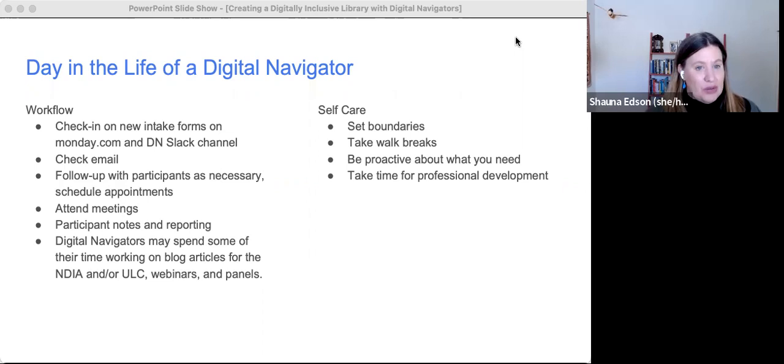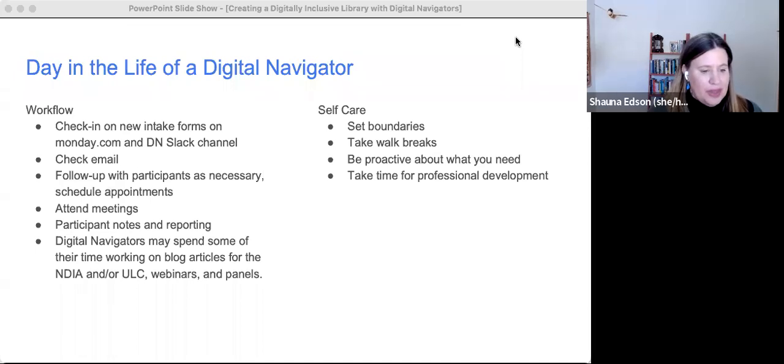We actually have a working document where we keep updated resources. If we need to do a soft handoff from a participant to another organization that can better support their needs, we have those resources available.